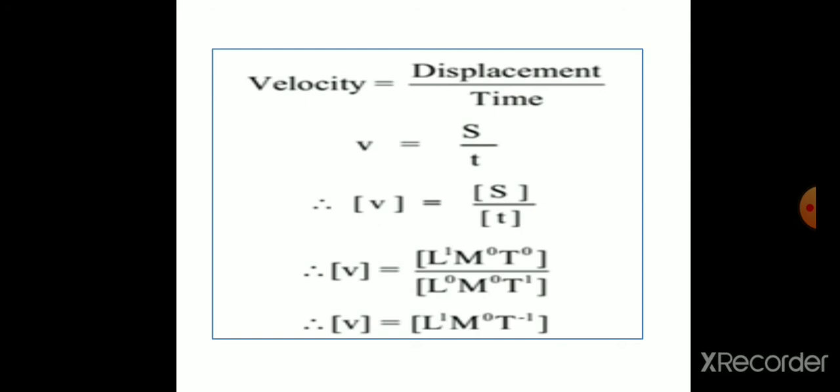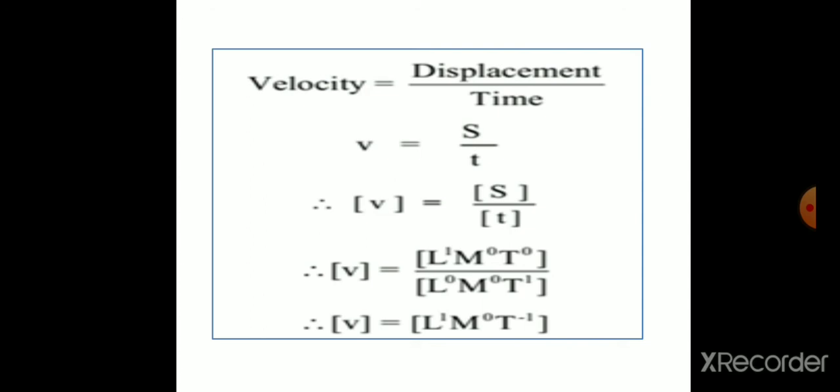Suppose you are asked to calculate the dimension of velocity. We know velocity is a derived quantity which can be expressed as displacement by time, where displacement and time are fundamental quantities.